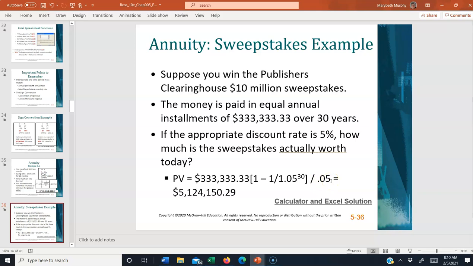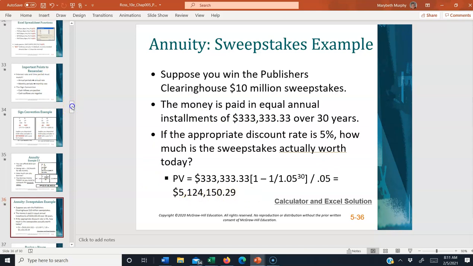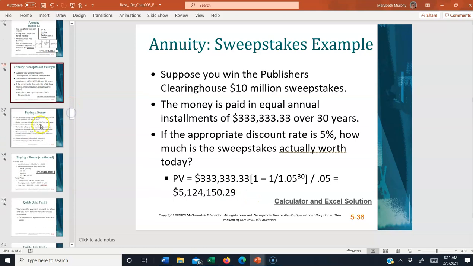And we don't have to adjust because they didn't say this was any other period, so you assume it's a year. So this is 30 years, this is 5% per year, okay? And if we calculate that out, that's 5,124,150.29. So the present value of what you won was really considerably less than the future value.